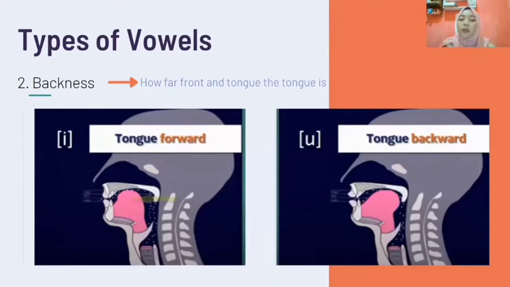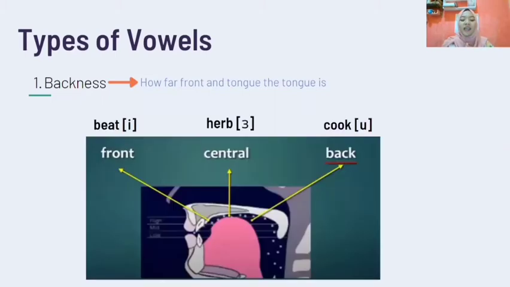But consider the vowels E and U. If you say these vowels clearly, you may notice that your tongue is moving forward and backward as you say E, U, E, U. In terms of backness, vowels are considered front, central, or back. Remember that the sound E is a high vowel but also a front vowel, while U is a back vowel.